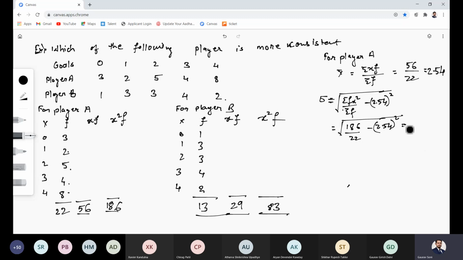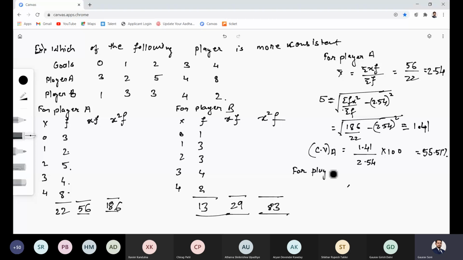So coefficient of variation of A will be equal to 1.41 upon 2.54 into 100. So that is 55.51%.